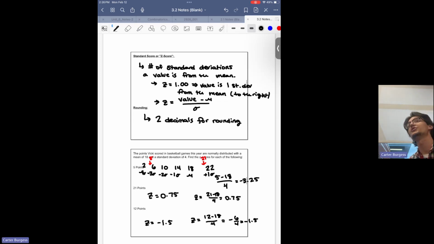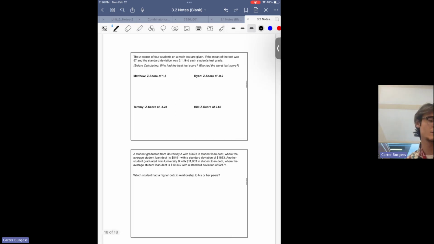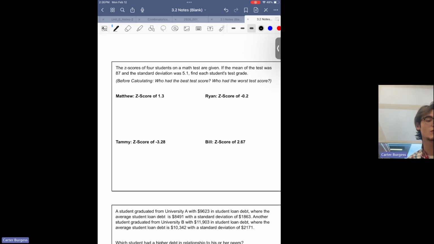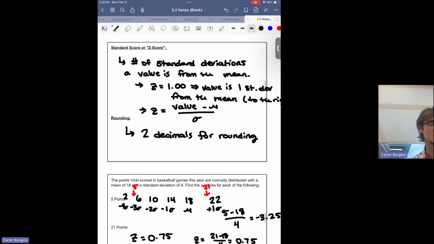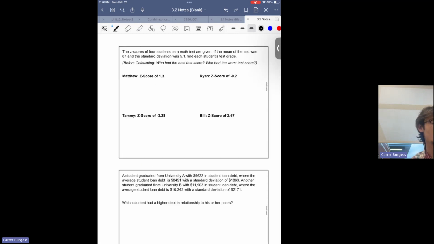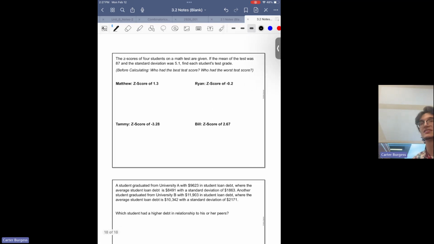We can also do the opposite. We can be given a z-score and use it to calculate the value that it corresponds to. You could solve for the value from this equation, and that would work, but we can also figure this out relatively intuitively. If I have a z-score of 1.3, am I scoring above the mean or below?